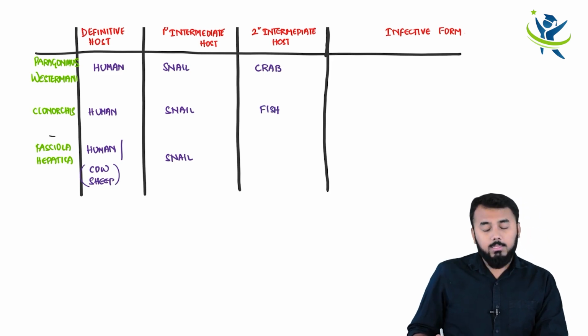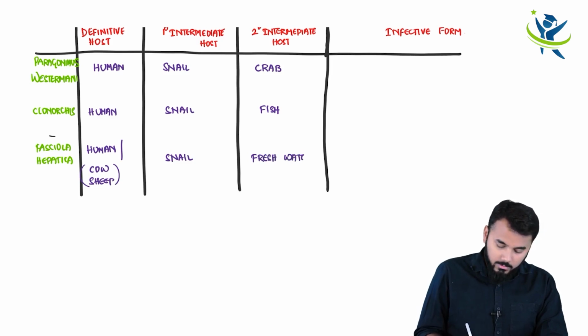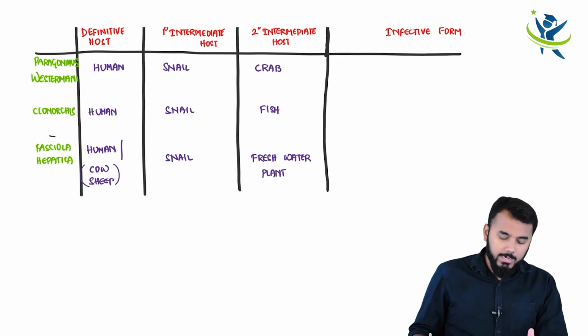But here the secondary intermediate host will be vegetation, right? A freshwater plant. This is very important because what is common they are not going to ask you, but what is absolutely different they will ask you in the exams. Second intermediate host: crab, fish, freshwater plant.